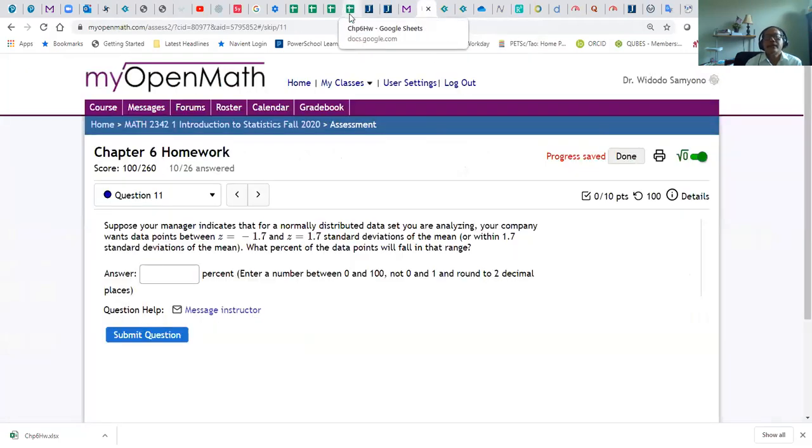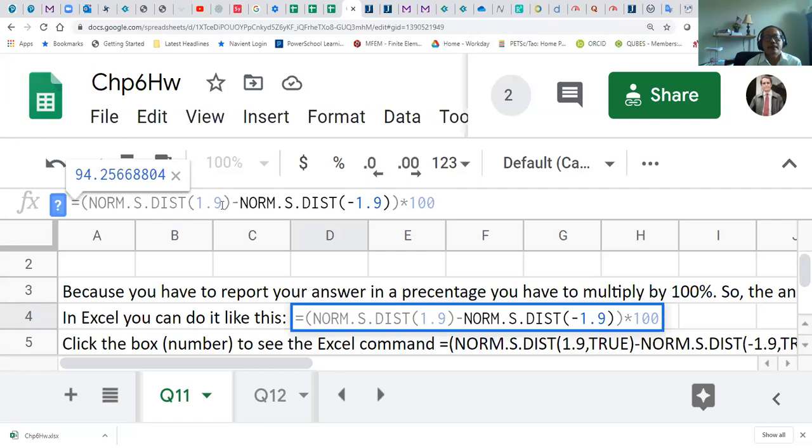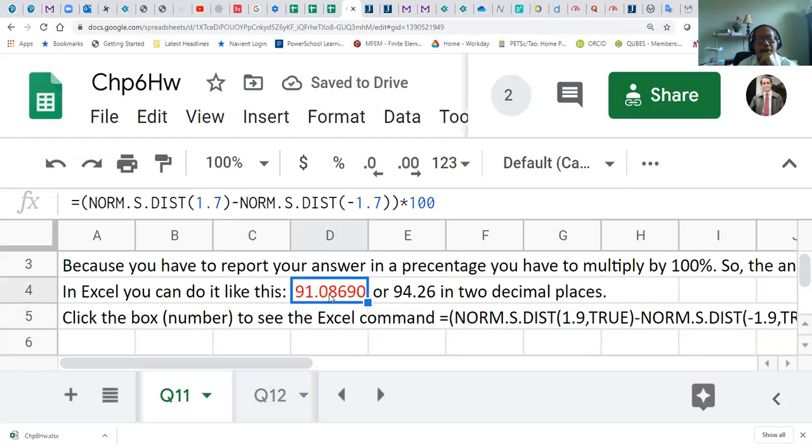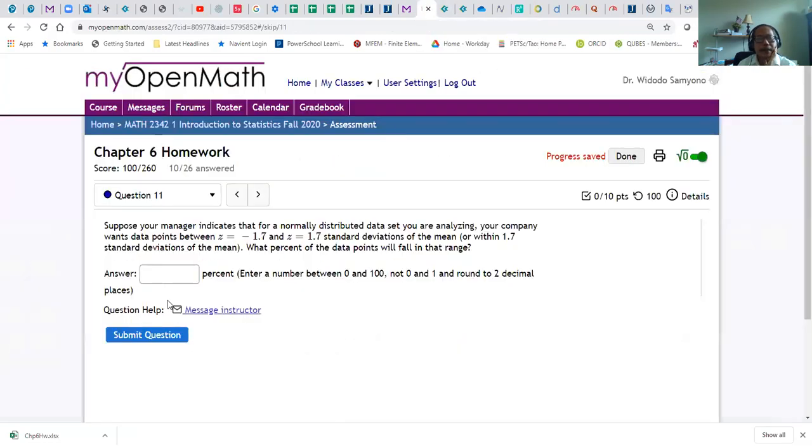So you need to replace this with 1.7. So you need to subtract the area on the left of negative 1.7 from the area on the left of 1.7 to get the area in between. Enter. Okay, so this will be the answer. Copy and then paste it here.